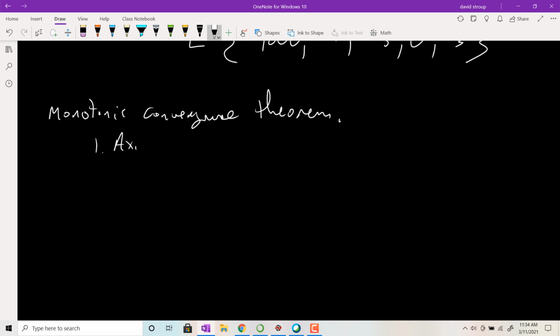So basically, the monotonic convergence theorem, and in order for this to work out, we need that axiom of completeness.